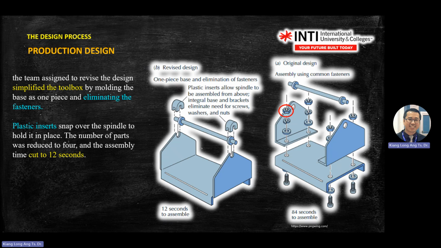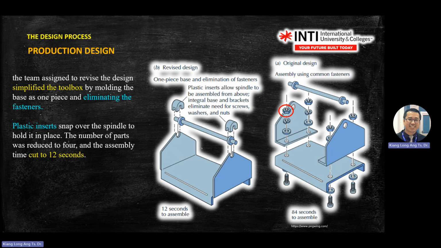Can you further improve this design? There's one more slide I'm going to show you after this, which is the optimum design, going from 84 seconds to maybe 2 or 3 seconds.